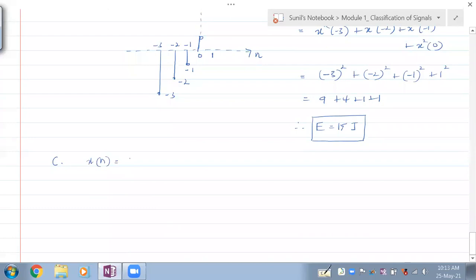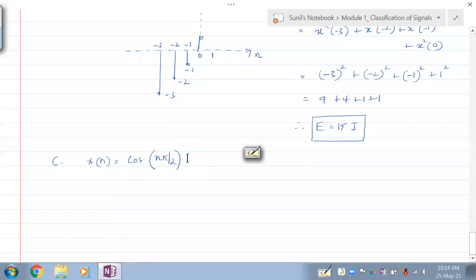In problem number C, they've given us x of n equal to cos n pi by 2. One thing you should understand here is that x of n is just cos n pi by 2. We don't have u of n multiplied by this, or any shifted versions of u of n. What is the meaning of this?